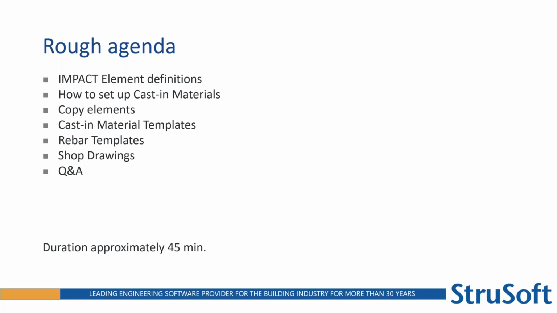Then we'll go over to the cost materials and see how the setup looks for those, and we will continue with a little bit of tools, how to copy elements, how to insert cost materials with a template, so you get the placement a little bit automatic on several elements at the same time.